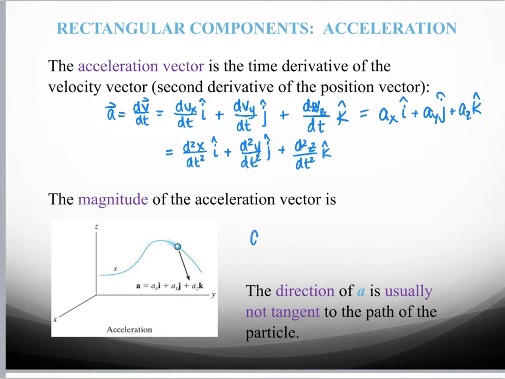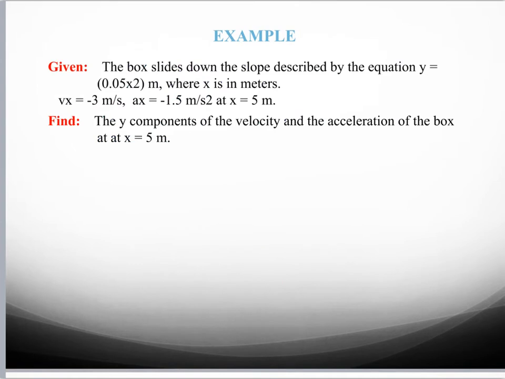And then again, the magnitude of that acceleration vector: we look at all the individual components, we square them, and we add them together. And again, notice that it's not necessarily true that the acceleration vector is tangent to the path. It doesn't have to have any particular orientation.